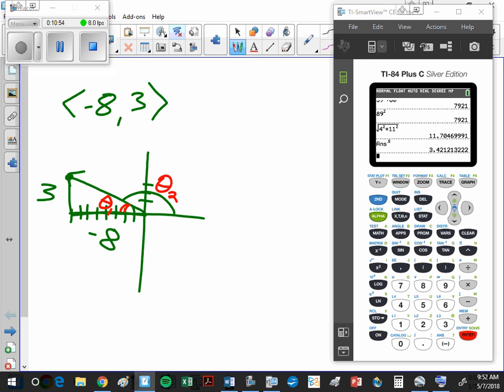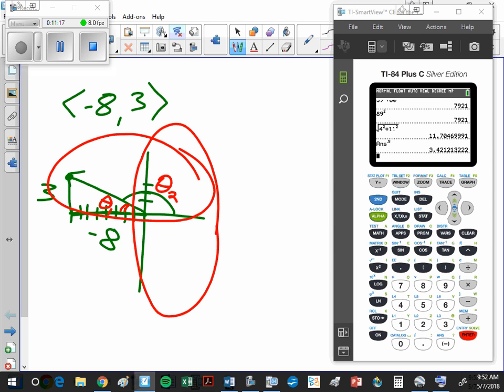But first, to find an angle, I use inverse tangent. And then there's something else that we need to avoid. We need to avoid the negative, because the inverse sine will only tell me answers up here, and the inverse cosine will only tell me answers here, and then the tangent will also only tell me answers there.